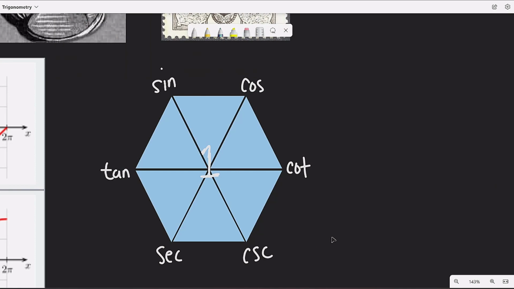Okay, so the method for remembering trig identities is drawing a hexagon, which I have drawn here. We label each vertex of the hexagon with one of the trig functions, and then we place a 1 in the center. Now, order does matter when placing these functions.